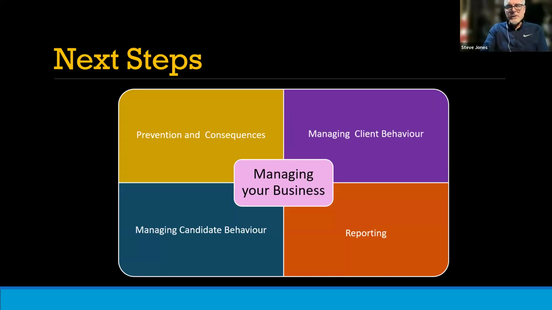We can manage our clients' behavior so that when we hear complaints from our employees, we step in and talk to our clients about what they should and should not be doing so they don't unwittingly or unknowingly muddy the waters. Of course, we want to manage our candidates' behaviors, and we do that again in writing and through training and through regular communication. And then we take metrics and we report to our customers and we report to our employees about what's going on.